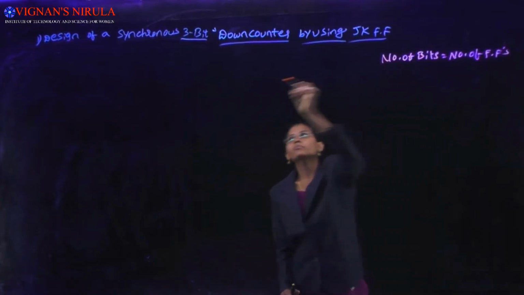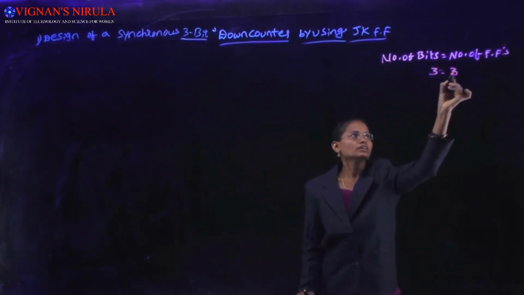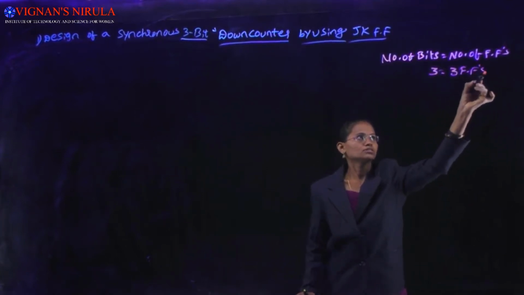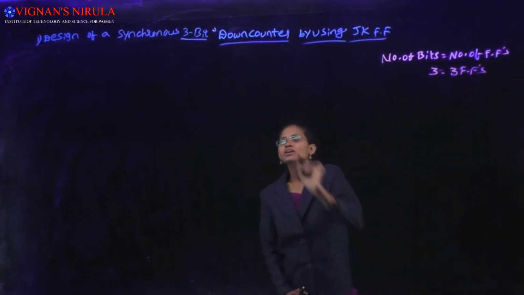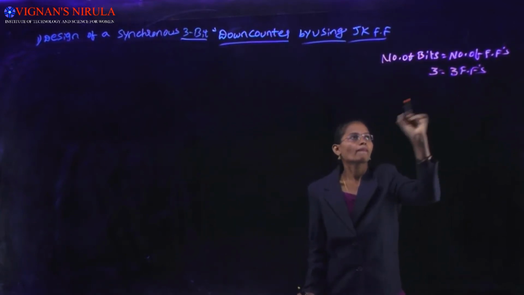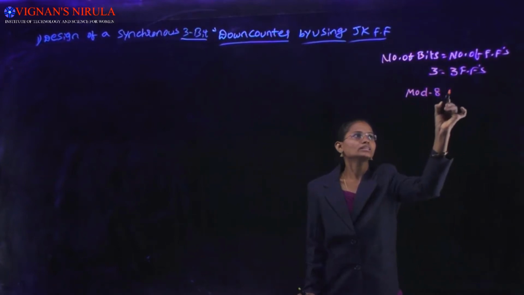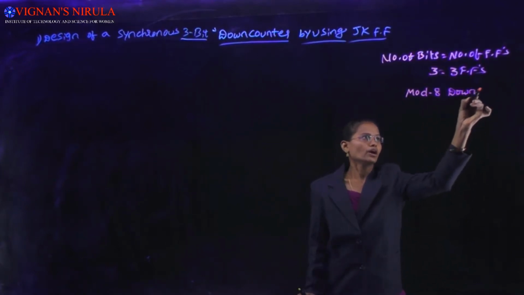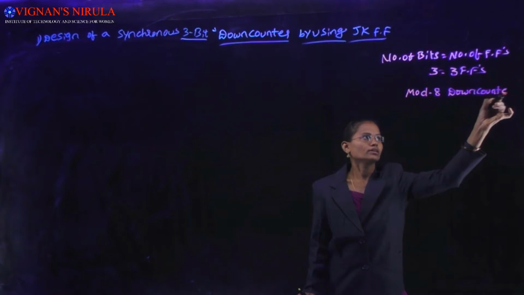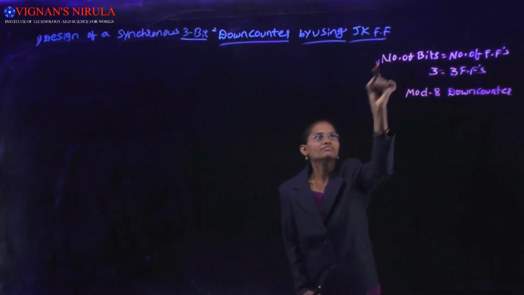Here the number of bits is 3, so we are using 3 flip-flops. It is also known as a mod 8 down counter.